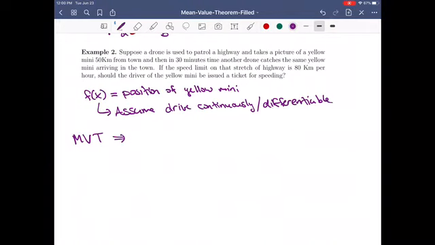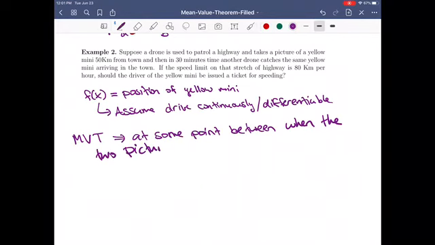implies that at some point between when the two pictures are taken, let's say that's t equals 0, and t equals, now I want it in hours, so instead of writing 30 minutes, I'm going to write half an hour later.